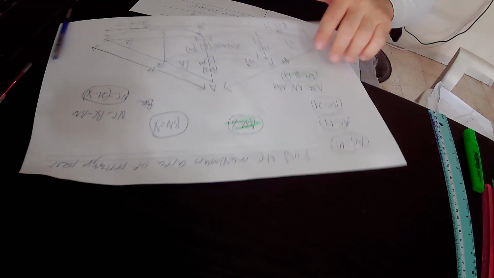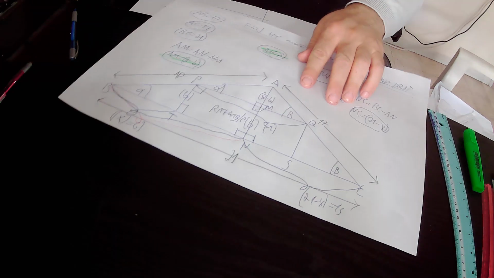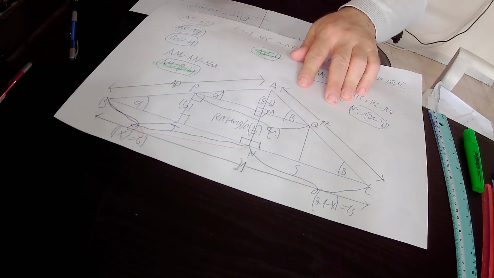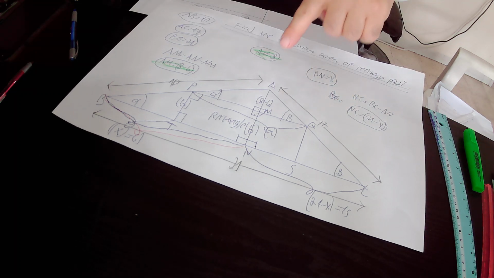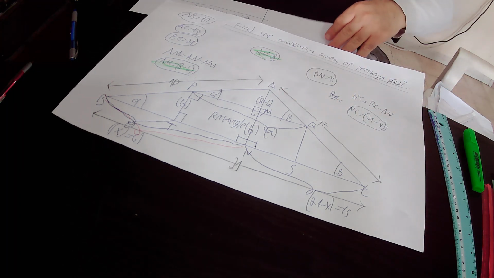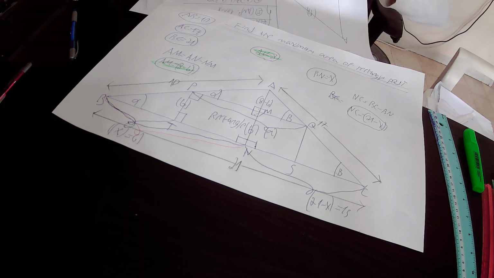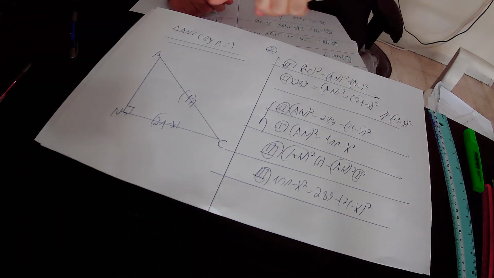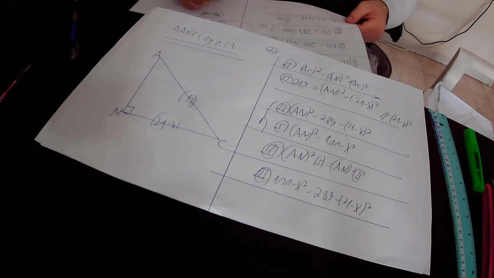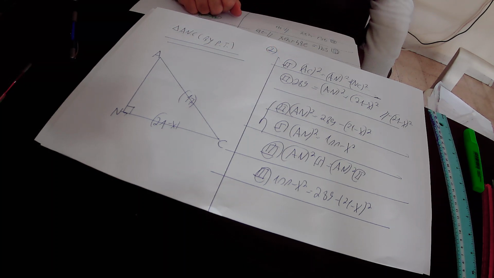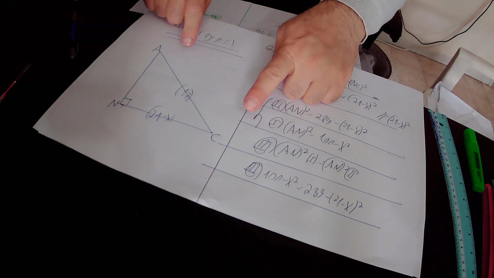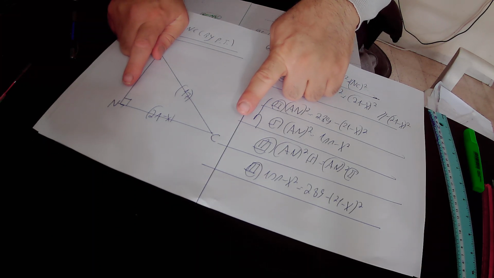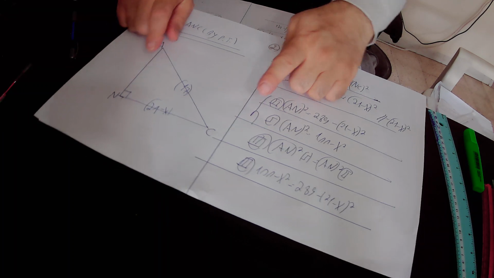In the next step, I copied this right triangle ANC in a new page and implemented the Pythagoras theorem on this right triangle ANC. In this right triangle ANC, the side AC equals 17 units in its length.